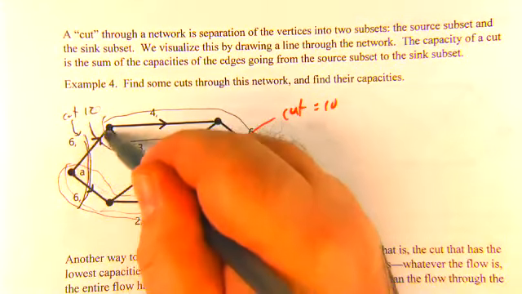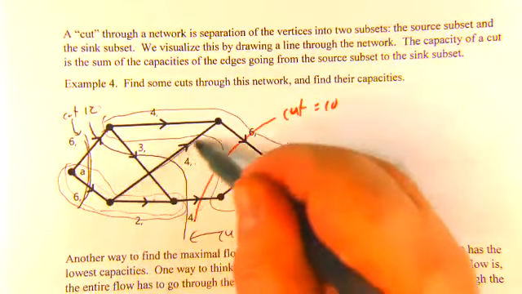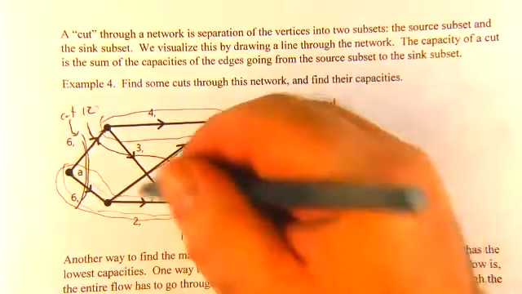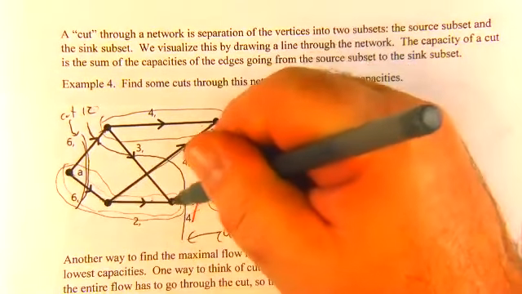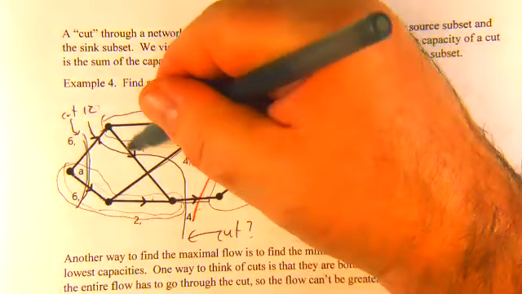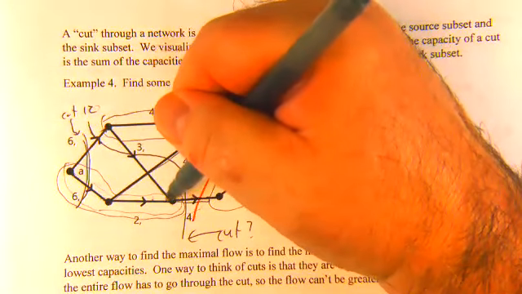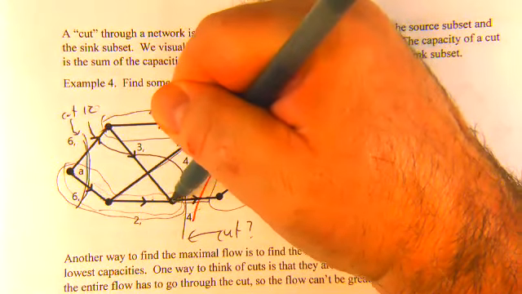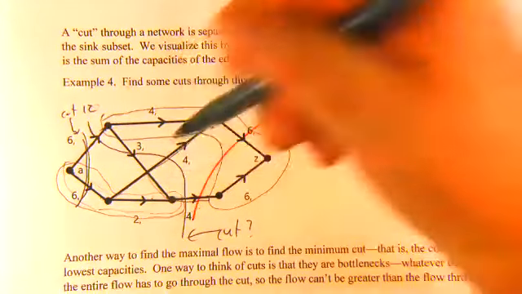So this is a flow this way. This is a flow from source side to sink side. This flow, however, is going back from the sink side back to the source side, right?